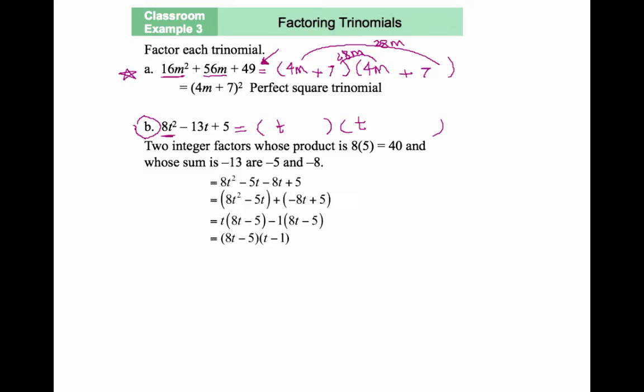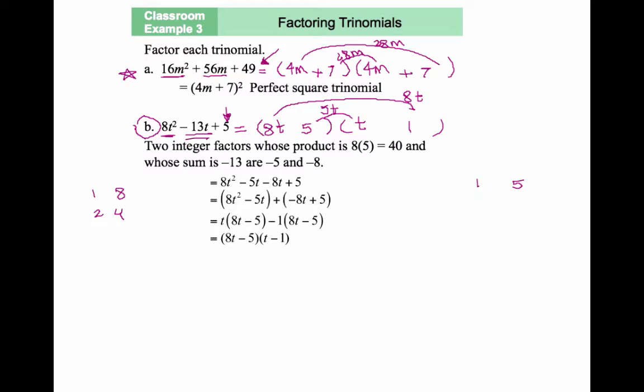For 8, I can use 1 and 8, 2 and 4. If I use 8 and 1 here and look at this 5, there's only one possibility for 5, which would be 1 and 5. So if I put 5 here and 1 here, and multiply the two inner terms and two outer terms, I get 5t here and 8t here.